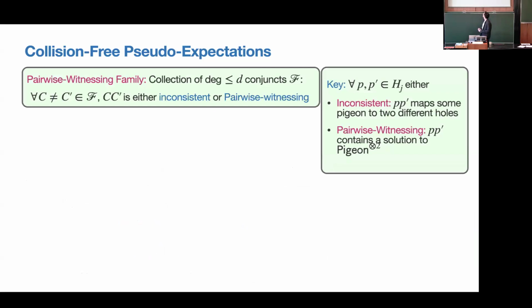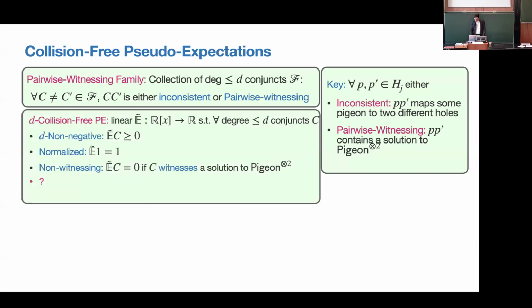I'm going to say that a family of conjunctions, or a family of paths in these decision trees, is pairwise witnessing if it satisfies these two conditions: for every pair of paths in this family, they're either inconsistent or they witness a solution to the original. Now we can define what this pseudo-expectation operator is.